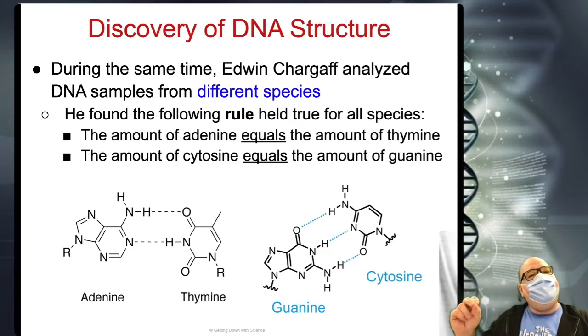If adenine is 30%, what's thymine going to be? 30%. And now the other ones are going to be 20 and 20. So that adds up to 100%. So if they give you one, A equals T, G equals C, add them all together, it equals 100. That's pretty easy math to solve, okay?